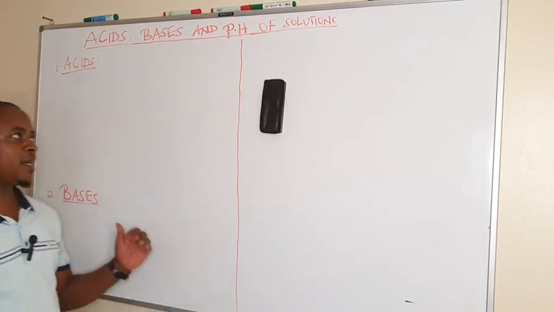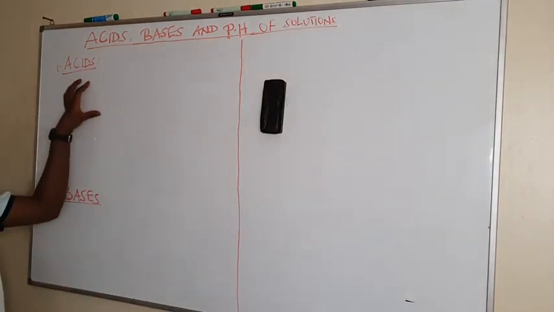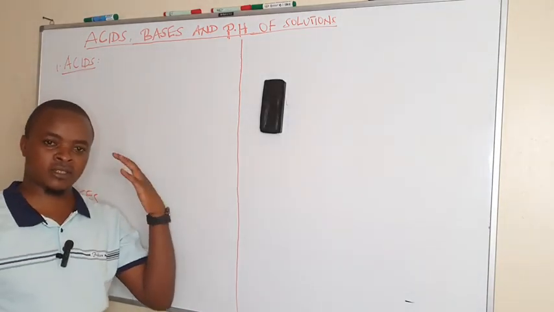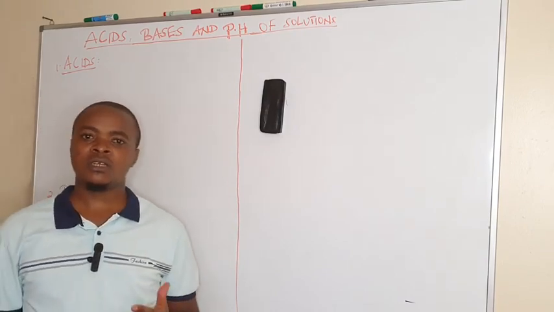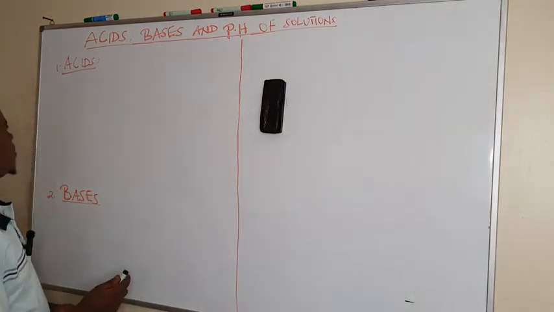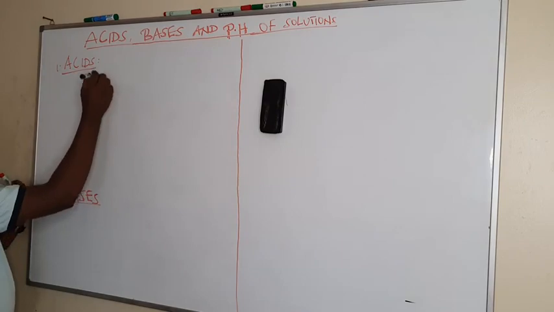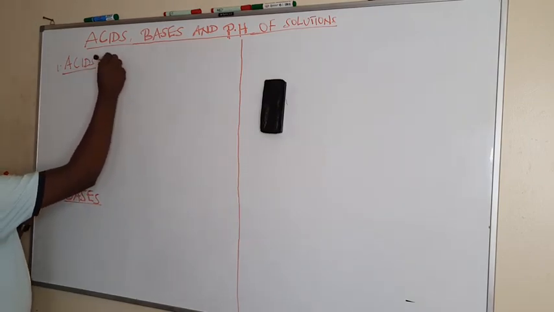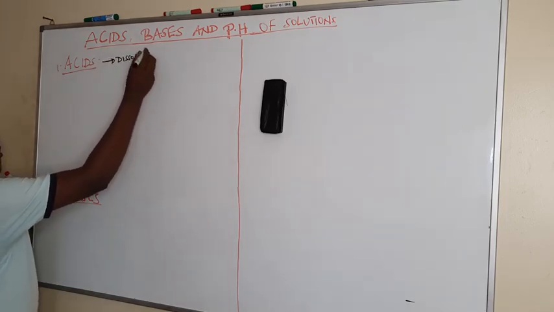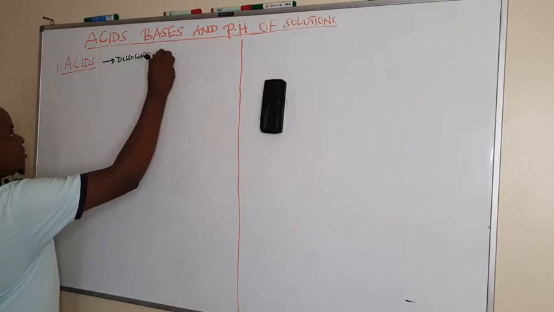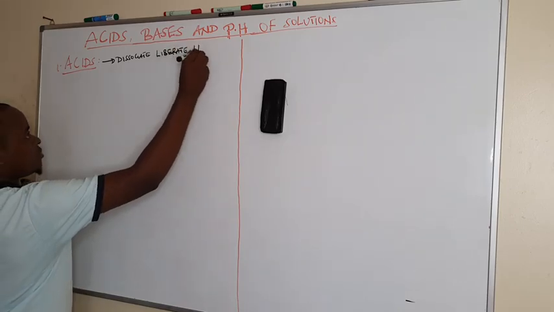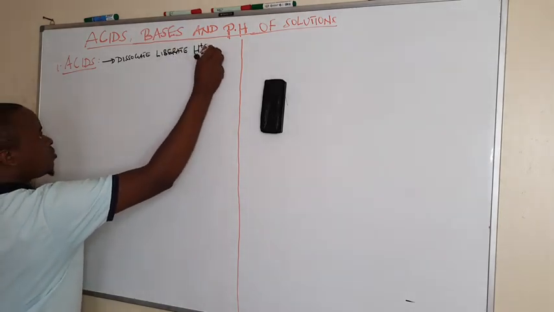So we want to see what an acid is. An acidic solution, we are going to define as a solution that dissociates to liberate hydrogen ions, which we call protons.